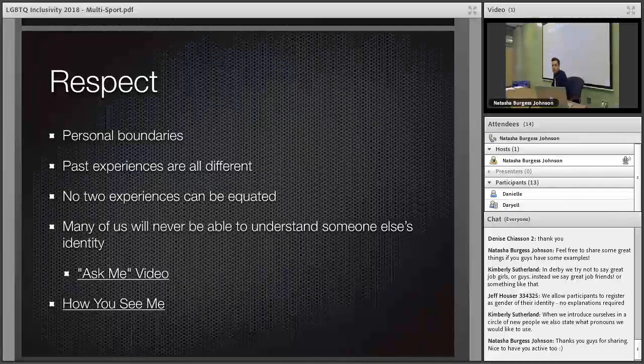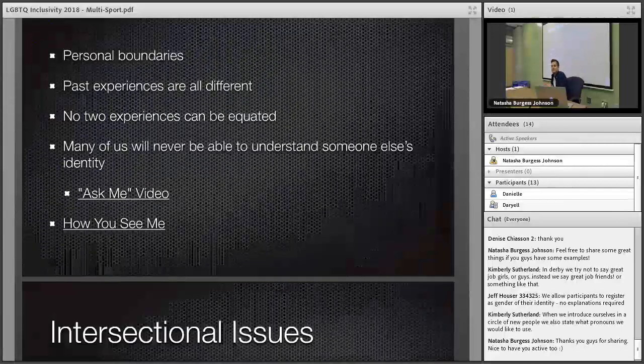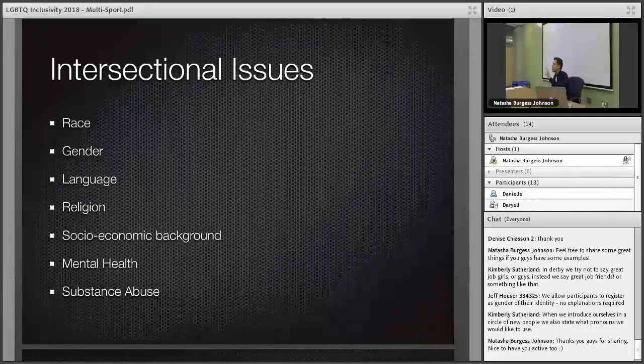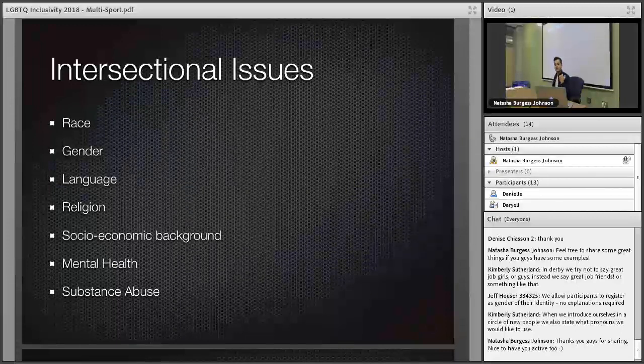There are also a few intersectional issues. Being part of the community is one part of somebody's identity, but race, gender, language, religion, socioeconomic background, mental health, substance abuse, these are all things that somebody else could be experiencing.